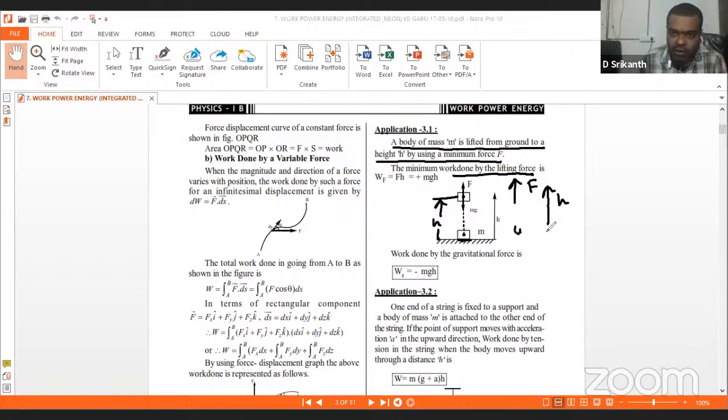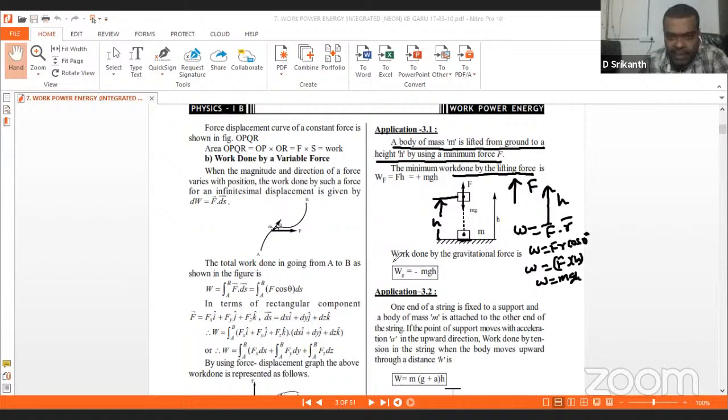According to our formula, F dot r, with displacement h, it is F r cos 0, so we get F into h. The force is equal and opposite to mg, so W equals mgh. That is the work done due to the applied force.